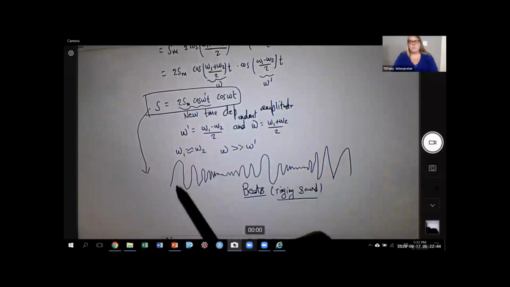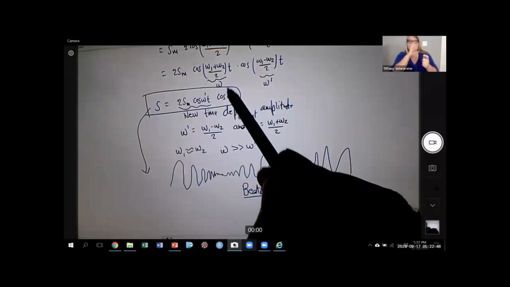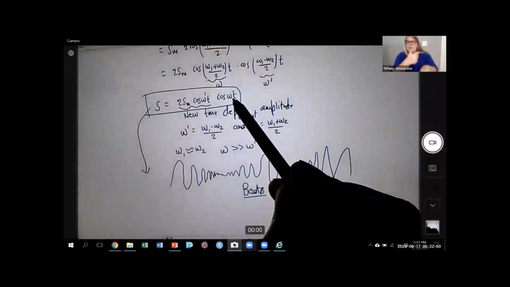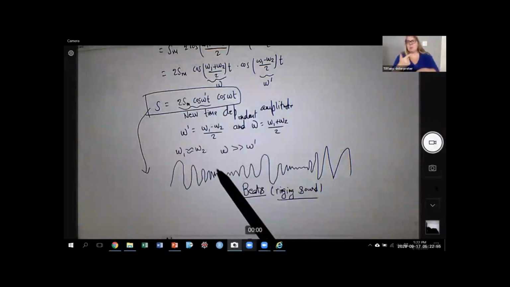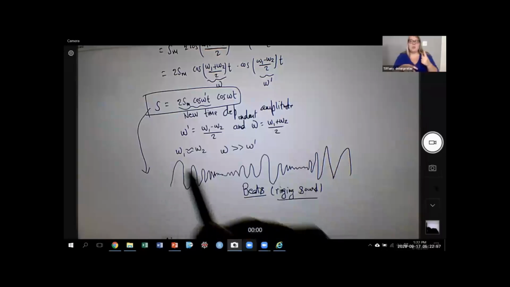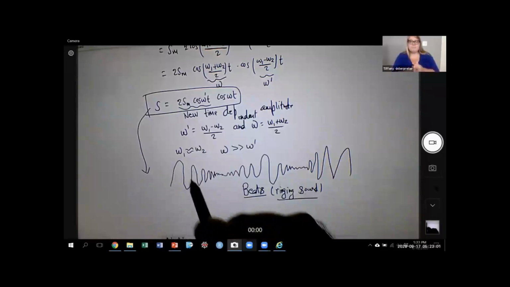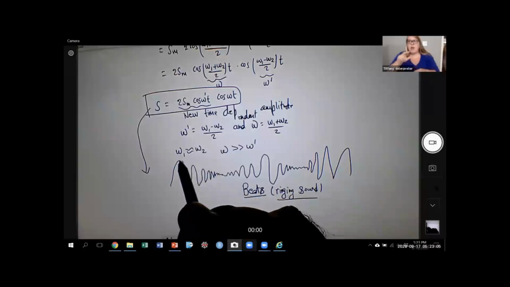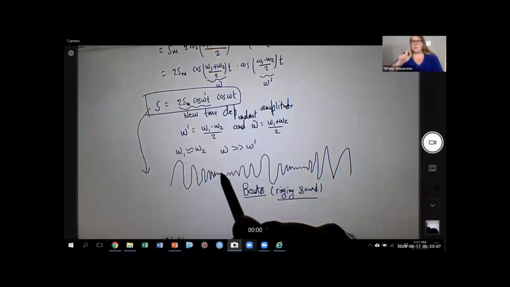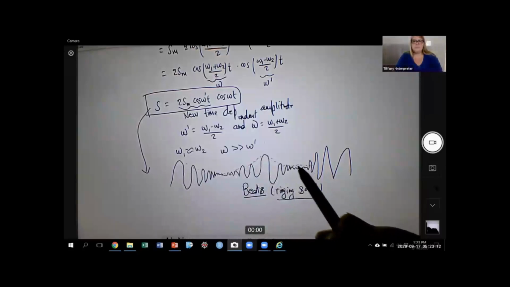Because you get a new frequency, almost equal to the original frequencies, the average frequency, with a new amplitude. And this amplitude is a slowly varying amplitude. It's like an amplitude modulation, called an AM signal in electronics. You get this slow variation in this whole envelope, you know.